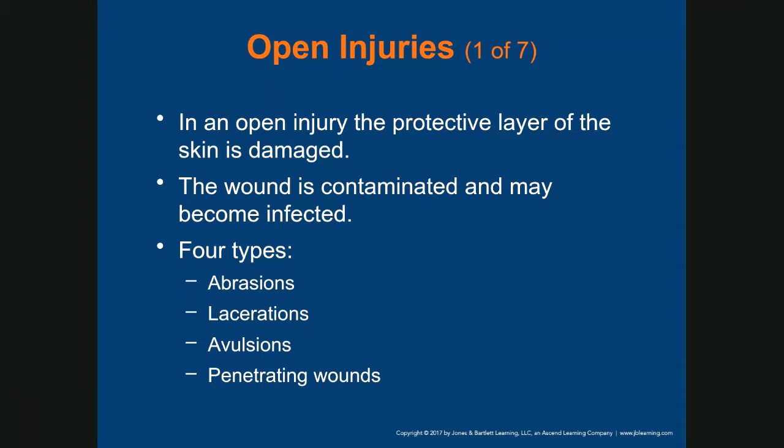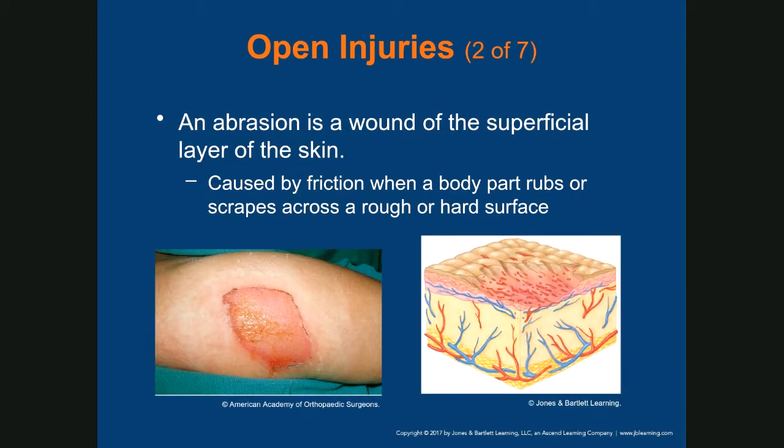So let's go through these injuries. An abrasion is a wound of the superficial layer of the skin caused by friction when the body part rubs or scrapes across a rough or hard surface. And they have a picture of that.